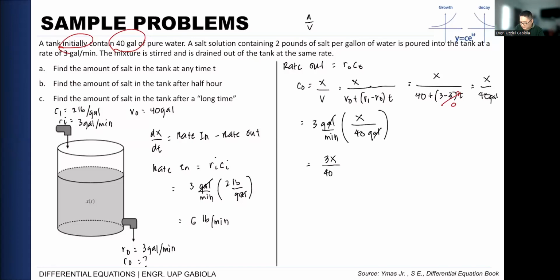Tapos ang unit natin yan will be pound per minute din, no? Okay? Okay pa tayo? So wala pa tayong ginagawang special dyan, ano? So substitute na natin doon sa given formula. dx over dt is equals to, rate in is 6 minus 3x over 40. So ganyan yung solution natin.